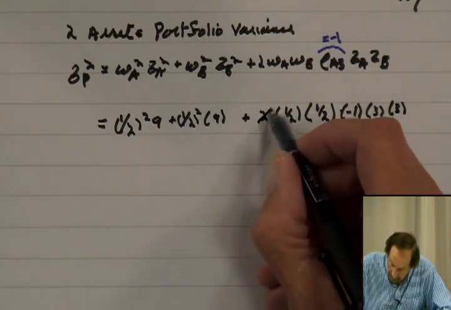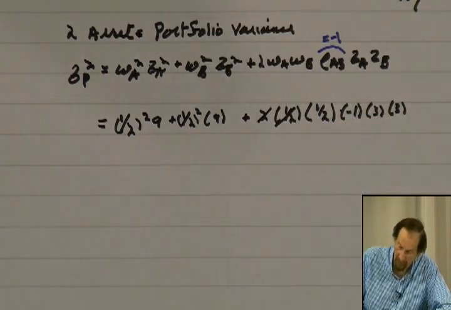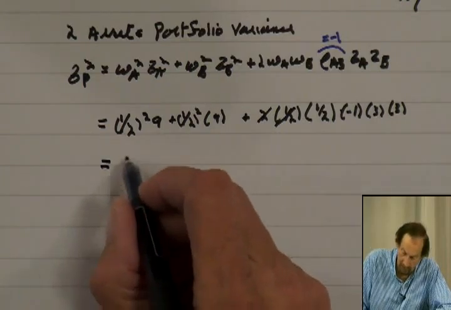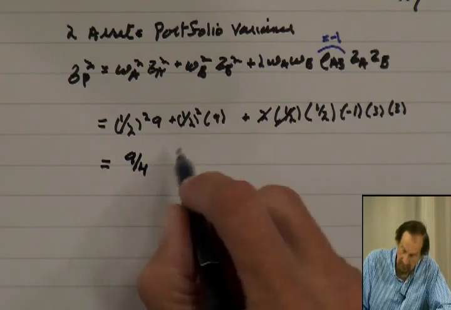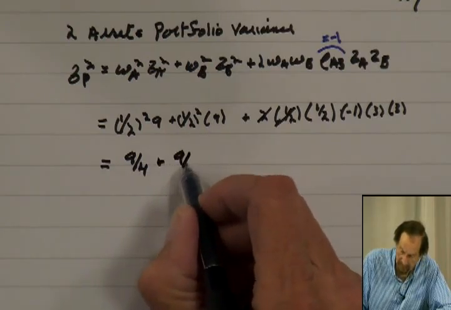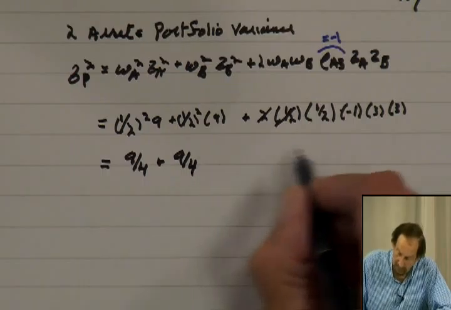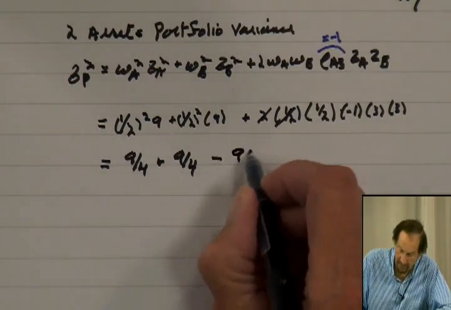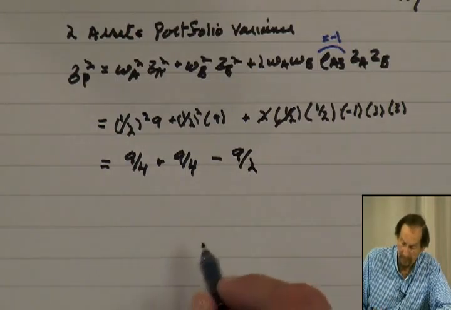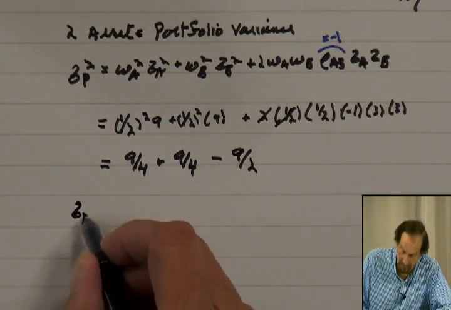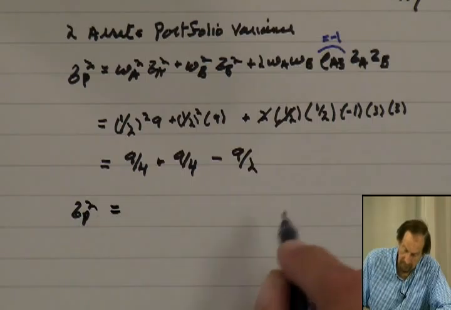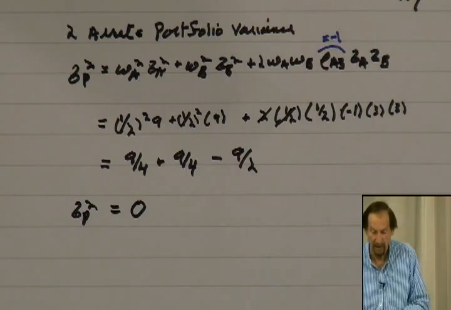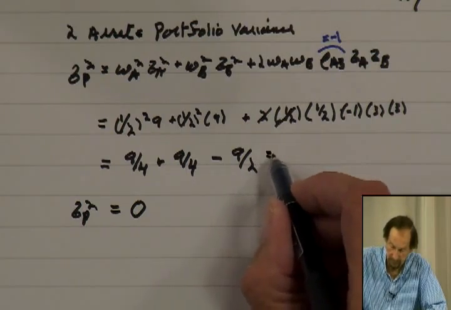So again, take the 2 and the 1/2 off, and what do we get? Here we get 9/4 plus 9/4, and we have this -1 here, minus 9/2. And so now our portfolio risk equals precisely 0, equals 9/2 minus 9/2.